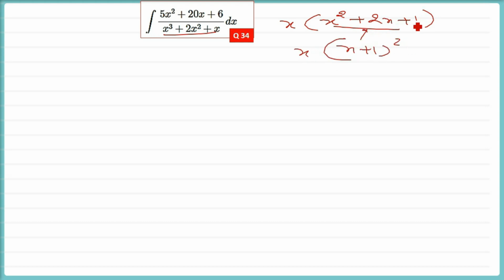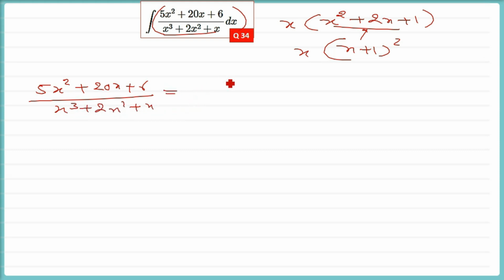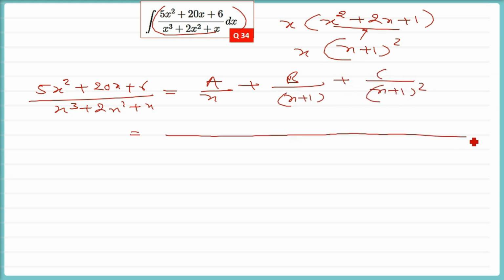That is, x into (x plus 1) whole square it is. From here to here, this is (5x square plus 20x plus 6) divided by (x cube plus 2x square plus x), and this will be written like this. So a divided by x plus b divided by x plus 1 and then c divided by (x plus 1) whole square. Take the LCM now. x and (x plus 1) whole square will come.